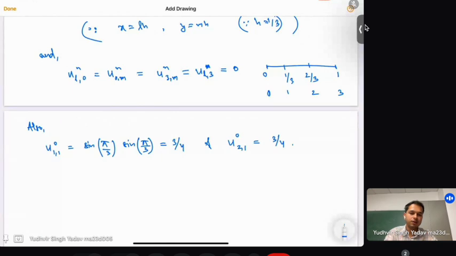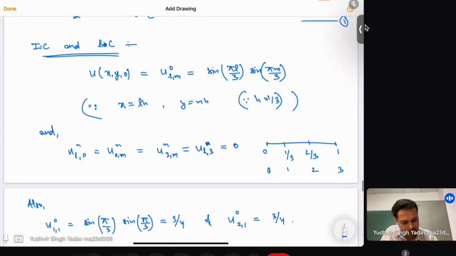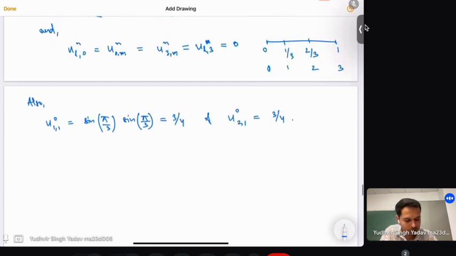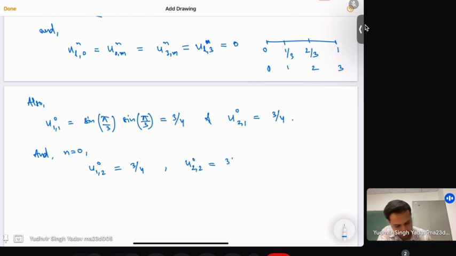You can simply solve this part and obtain these values. So we will first write all the values that we can simply find from the given data. At n equals 0, we have u(1,2)^0 equals 3 by 4 and u(2,2)^0 equals 3 by 4. So these are the values that we already know on our grid.